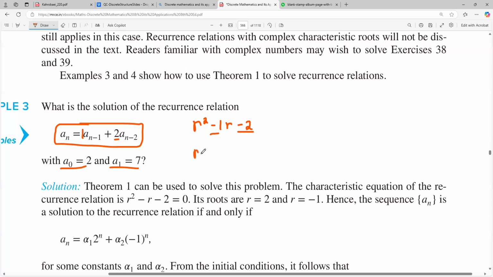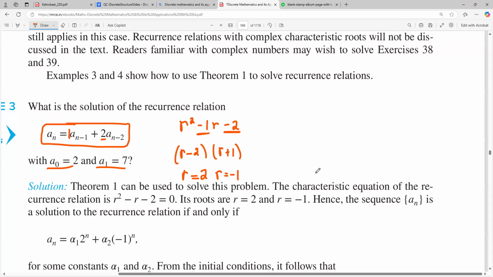Well, that's just r minus 2 and r plus 1. Because minus 2 times plus 1 is minus 2, and minus 2 plus 1 is minus 1. And what do we get? We get r can equal 2 and r can equal minus 1.